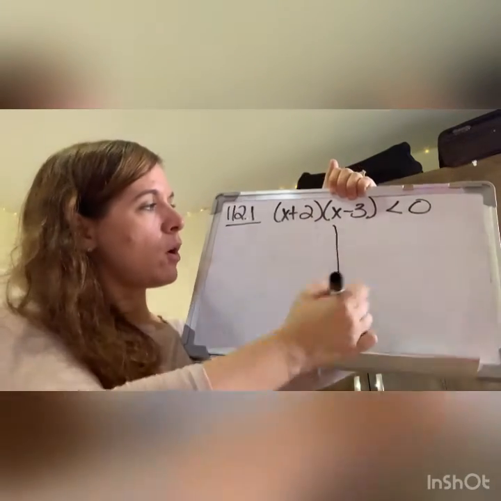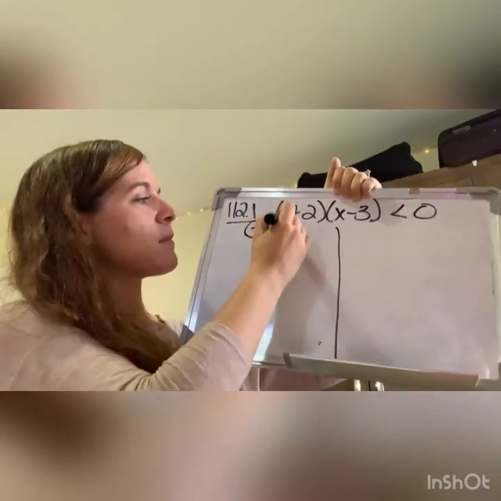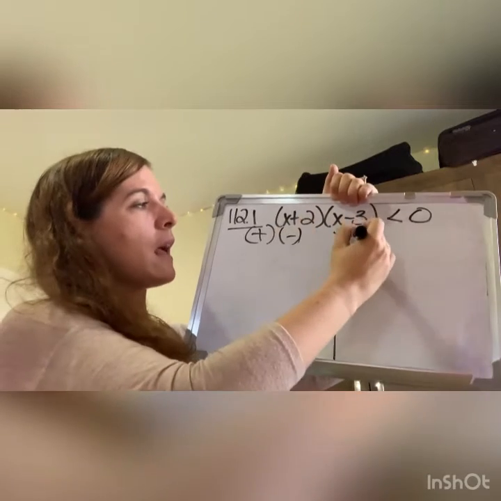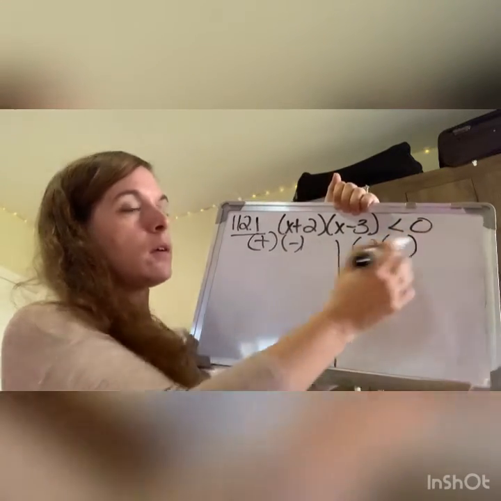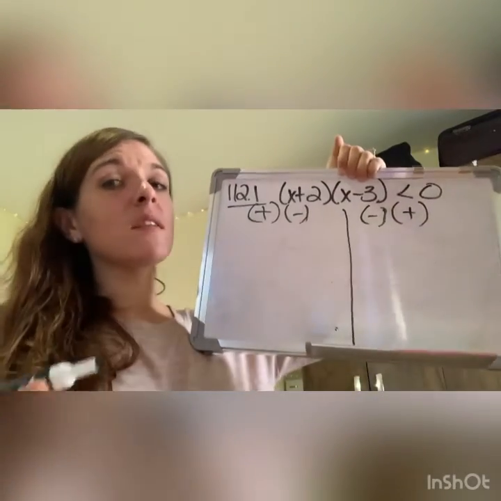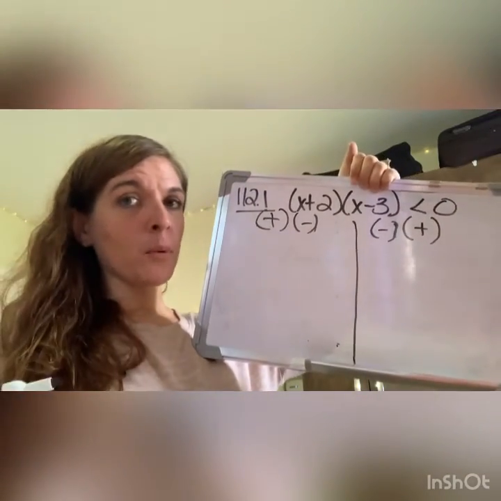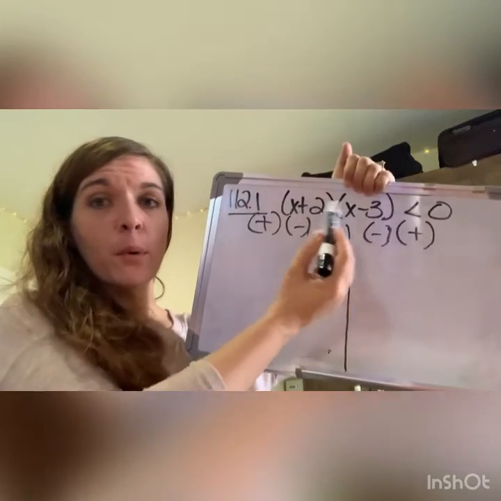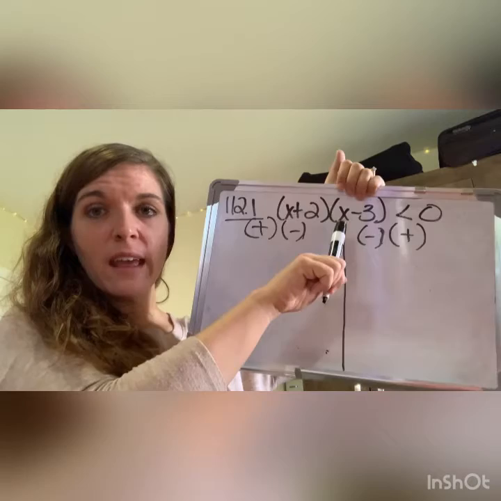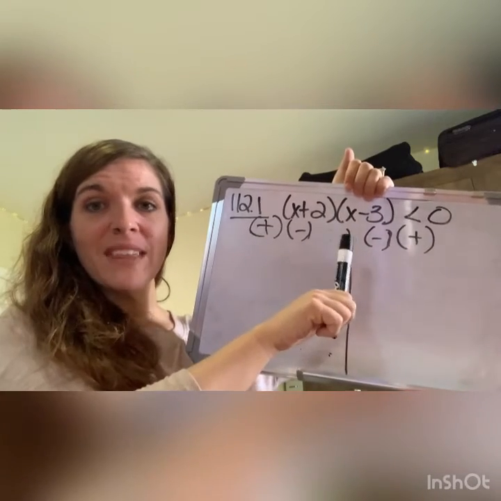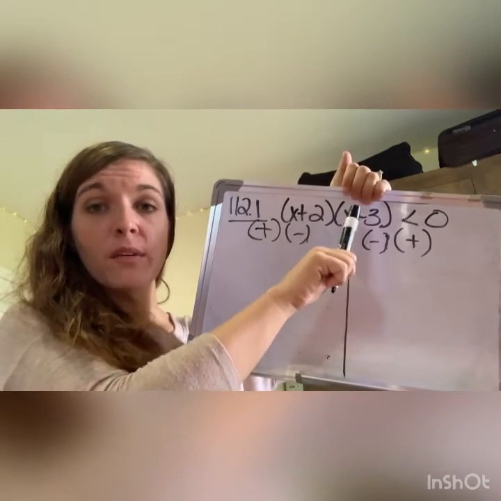So let's put that right here. We're looking for a positive times a negative and a negative times a positive, okay? Well, when we solve this problem, we're going to be coming up with a negative on both of these, right? Listen to me carefully. When we solve this, we're coming up with a negative on both of these.